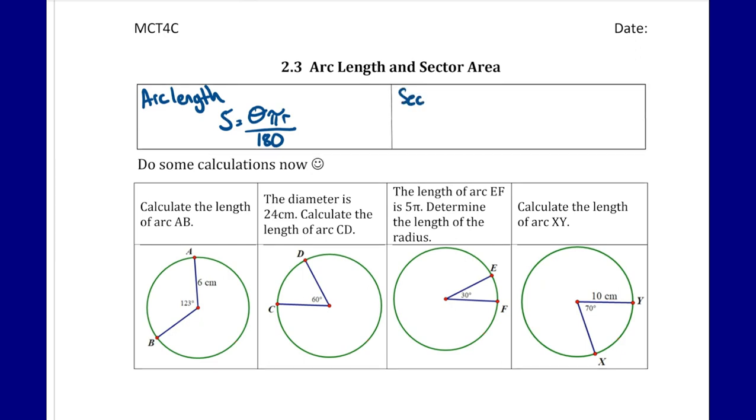And then for sector area, we have A is equal to theta times pi r squared divided by 360. So here we can see again the relationship to the area of a circle, because we have the area of the circle multiplied by whatever fraction or portion our sector, or our piece of the circle, is.